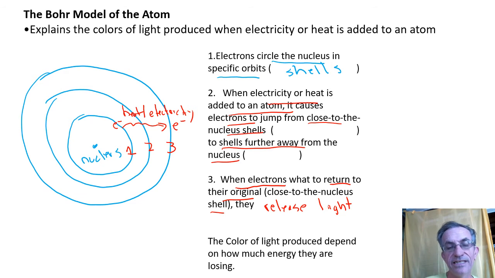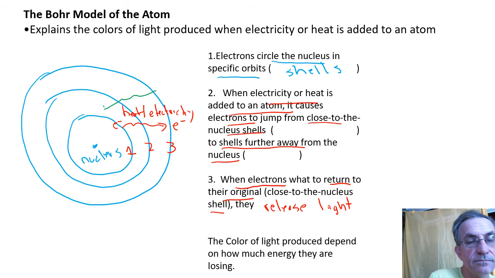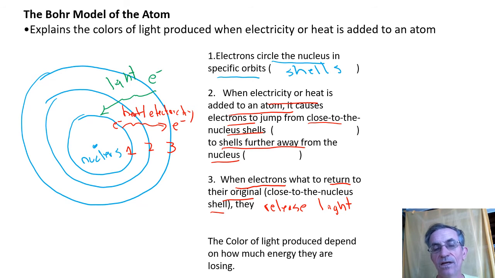If energy takes them further away from the nucleus, when they want to go back home, they have to lose energy, and the way they lose energy is they give off light. So an electron going back closer to the nucleus gives off light. It turns out the color of light we see depends on how much energy they're losing. So you add energy to an electron, it goes far away from the nucleus.